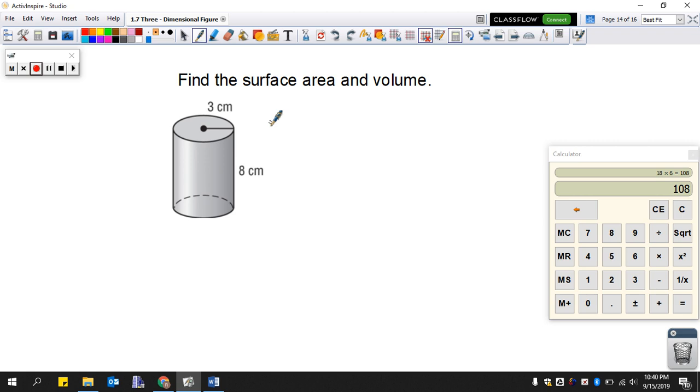Find the surface area and the volume of the cylinder.